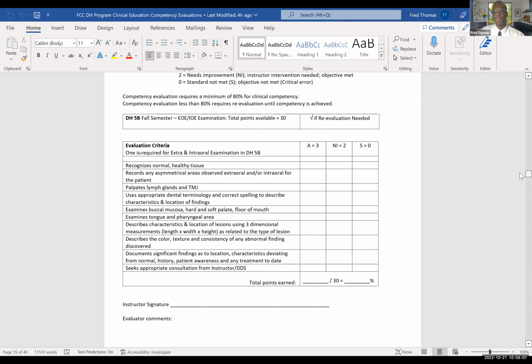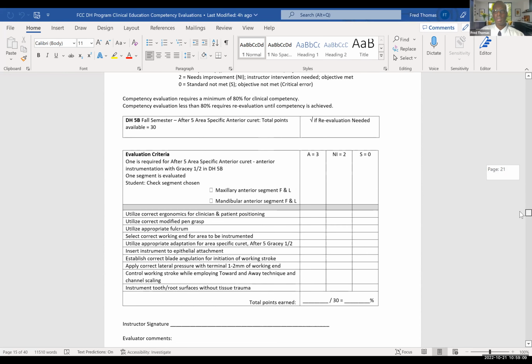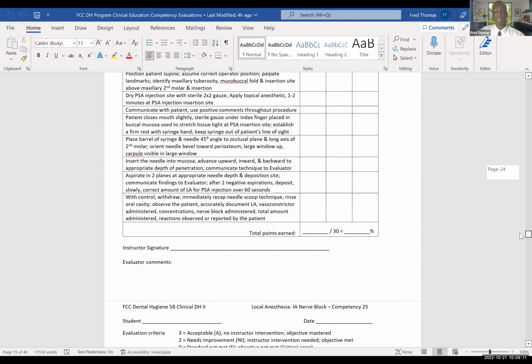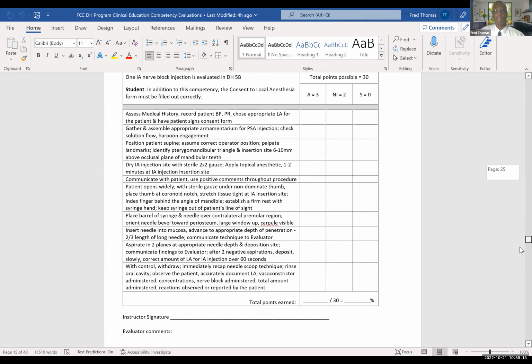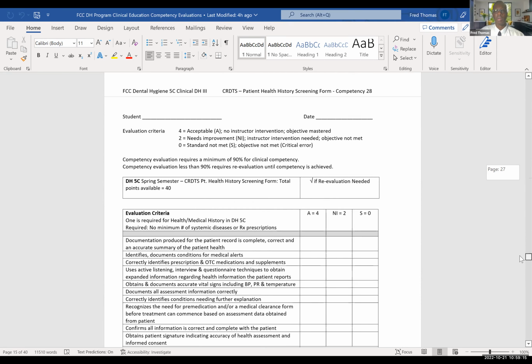5C, medical health history. Let's see if I can get to it without passing it up. So 5C, medical health history, has a credits health history. They do a clinical board exam at the end of the program that they sit for, and for this clinical board exam, they have to do a medical health history.